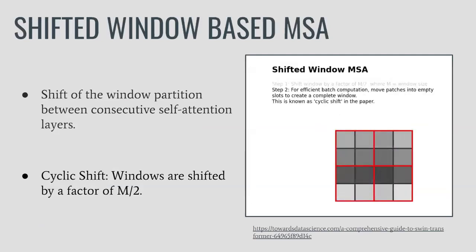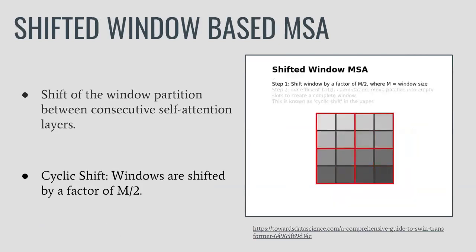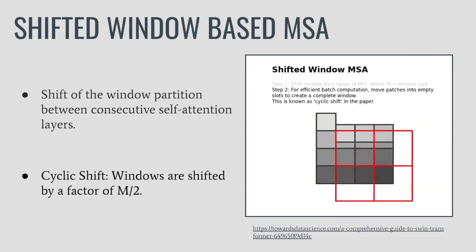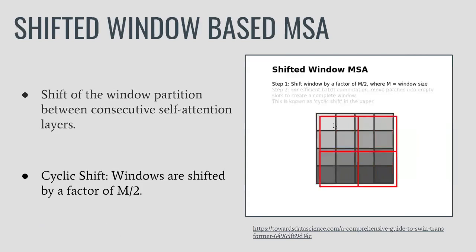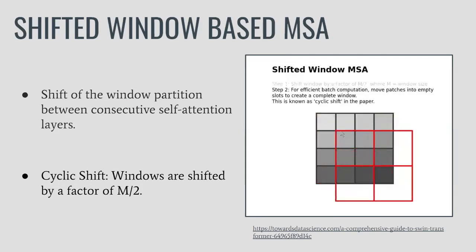Here there is a concept of cross window connections. Shifted window MSA shifts the windows towards the bottom right by a factor of m by 2.